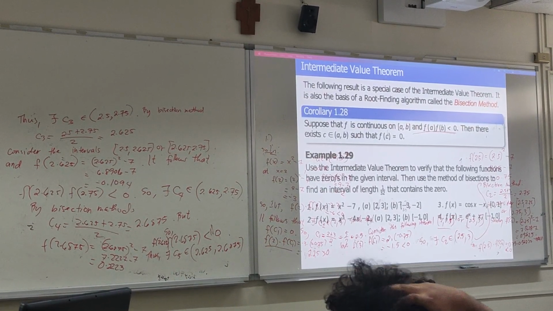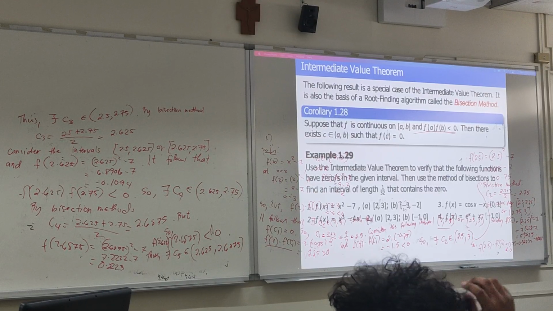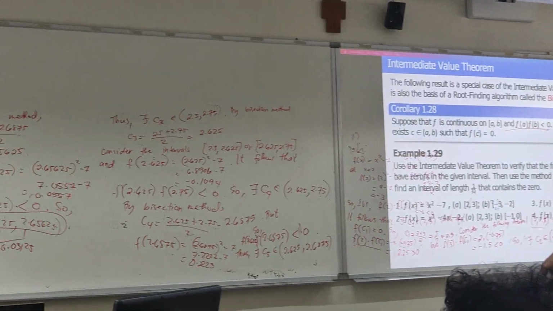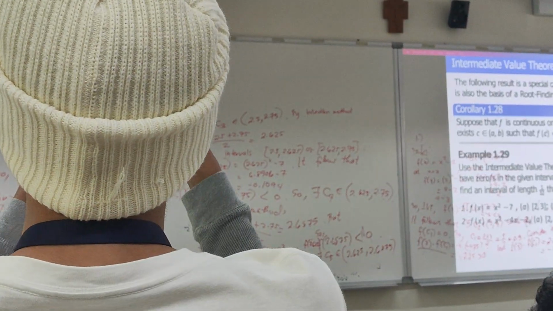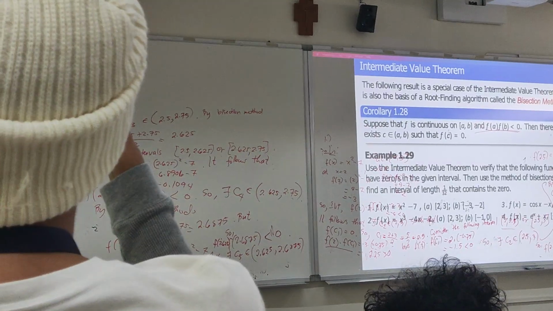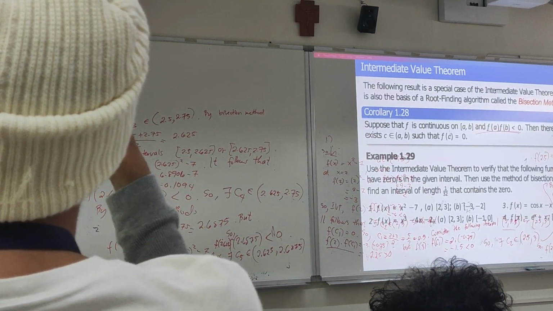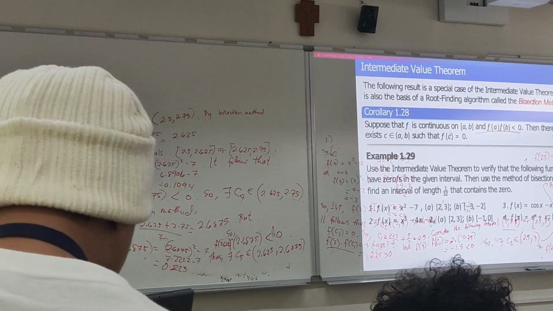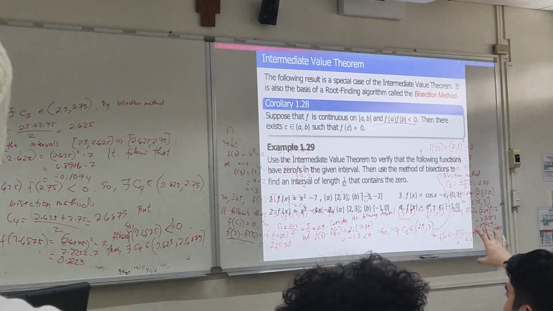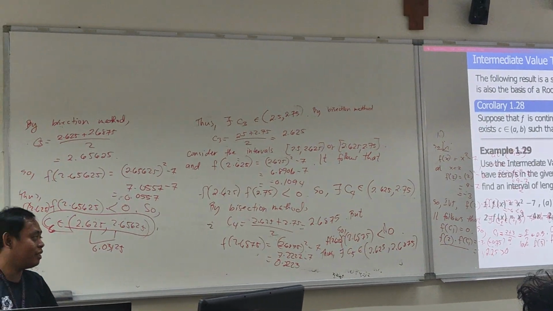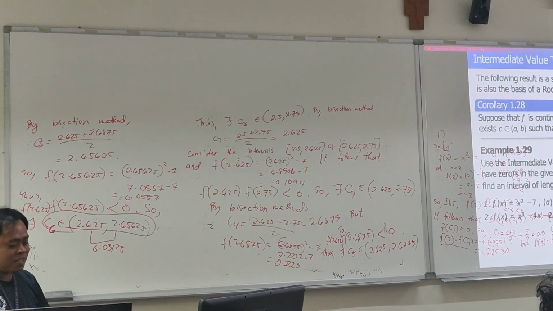If the starting length is not 1, we have to do that one more time. So the length is 1/32. We will stop if the length of our interval is that.